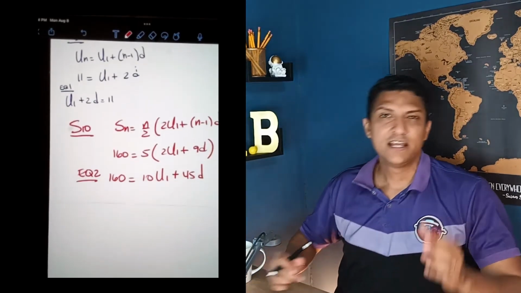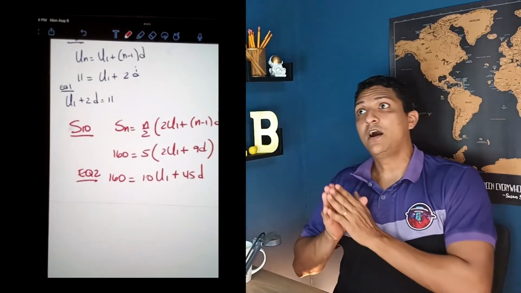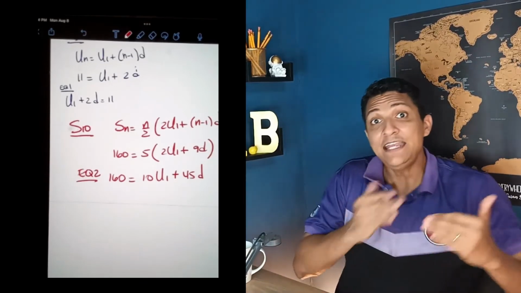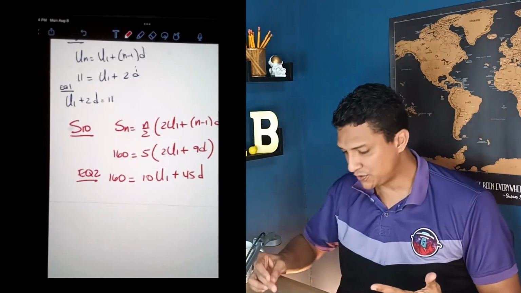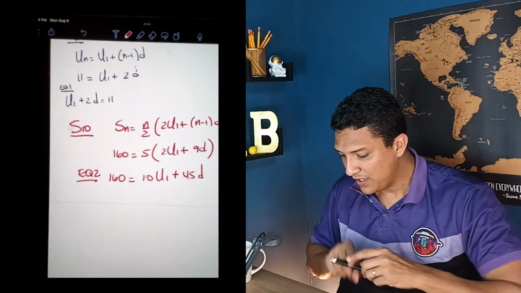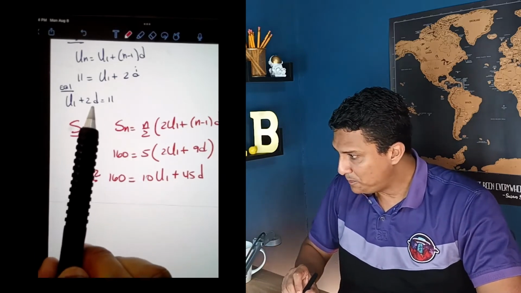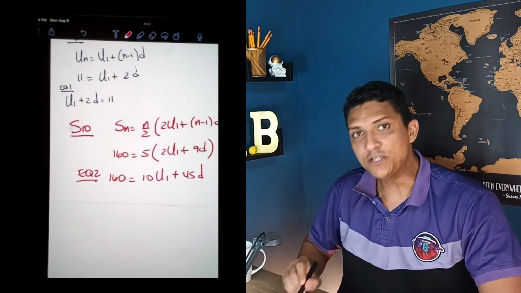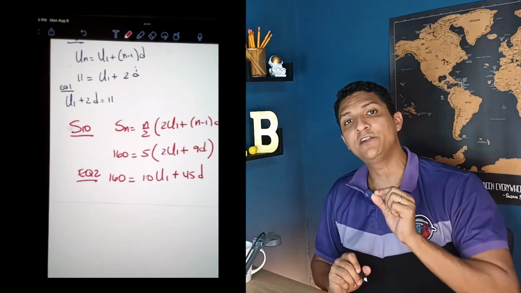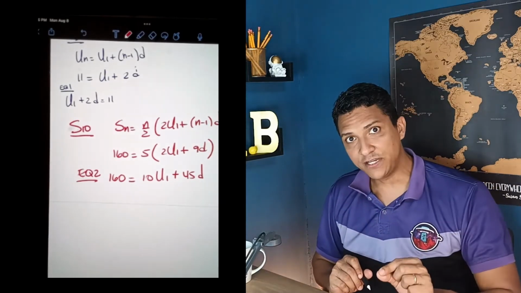Why? Because there are two variables, I need two equations in order to use simultaneous equations. So what I'm going to do now is put these two equations in my calculator using the app that the calculator has for simultaneous equations.